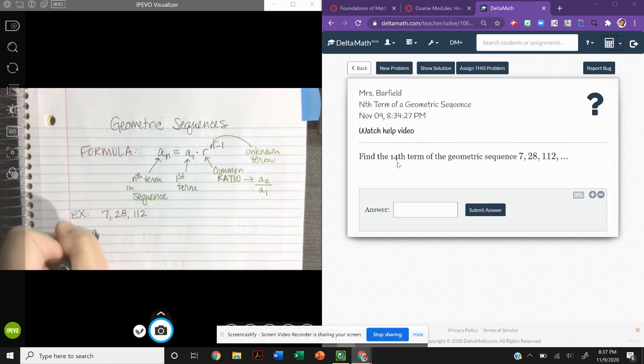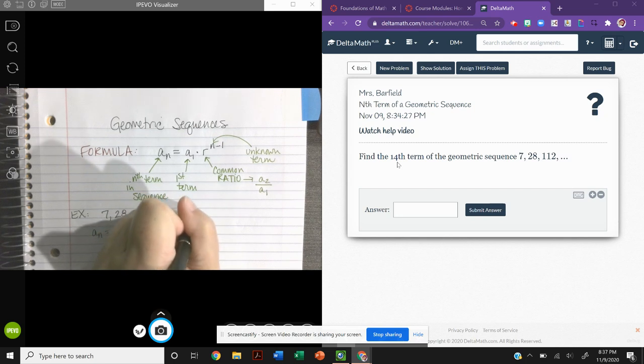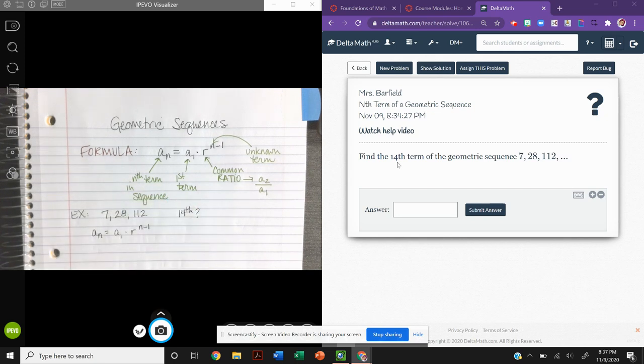So I have a sub n equals a sub 1 times r to the n minus 1. They have asked me for the 14th term, so a sub 14, that's the term I'm looking for. A sub 1, the first term, is 7, times r.